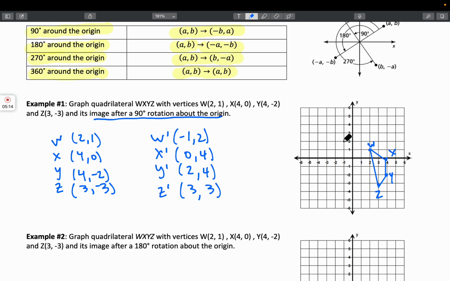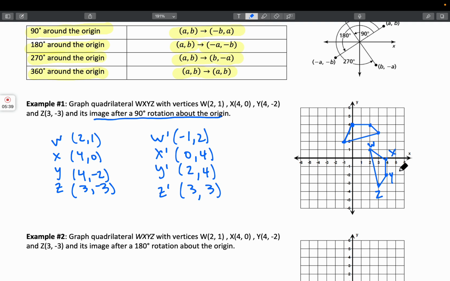All right, let's take a look and plot those points now. Here's (negative 1, 2), (0, 4), (2, 4), and finally (3, 3). All right, so if we connect those points with nice straight lines, we will get a figure that's been rotated 90 degrees.